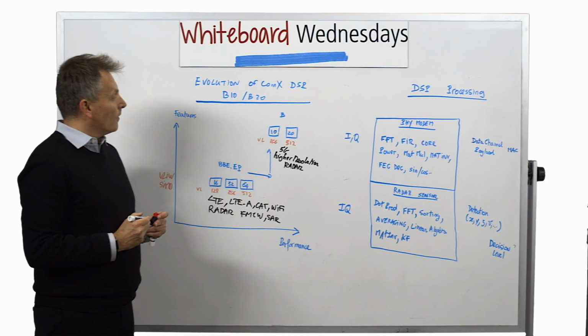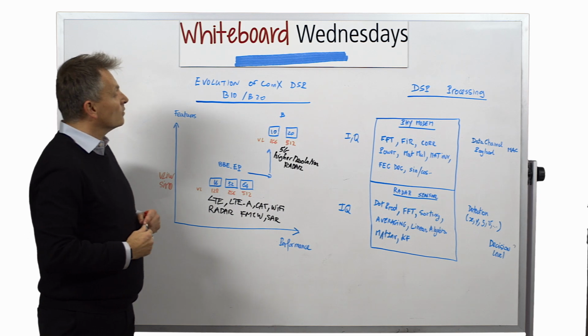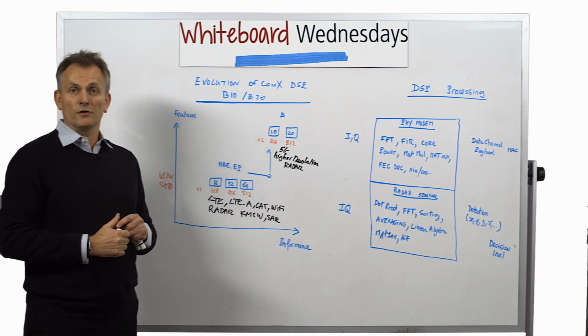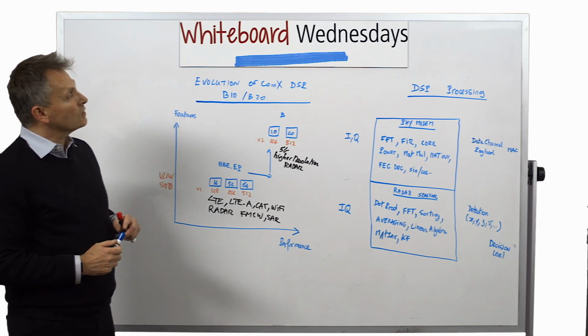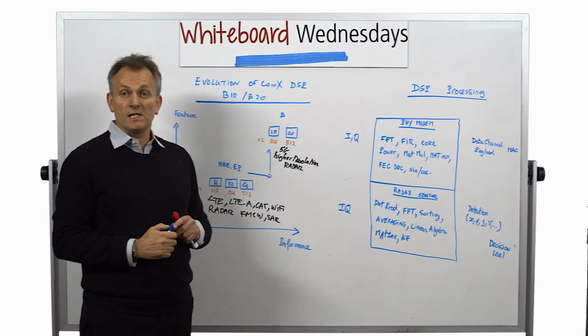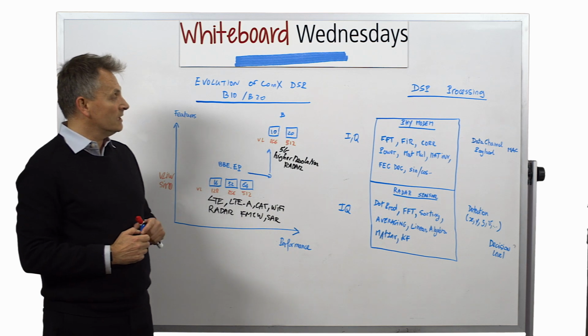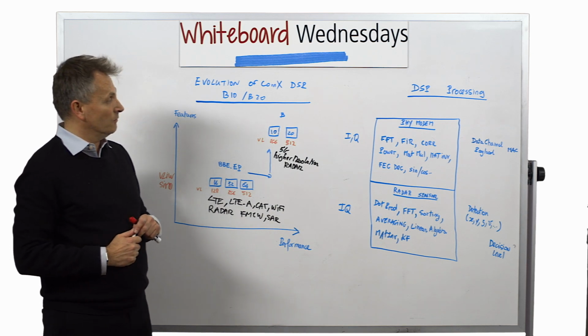We will talk about how we have been improving the performance and the features for this series. But before, let's go into the DSP processing that is being mapped on our DSPs in typical applications.